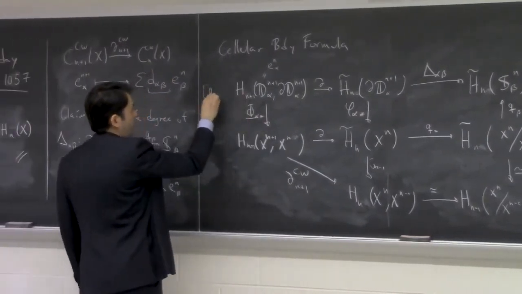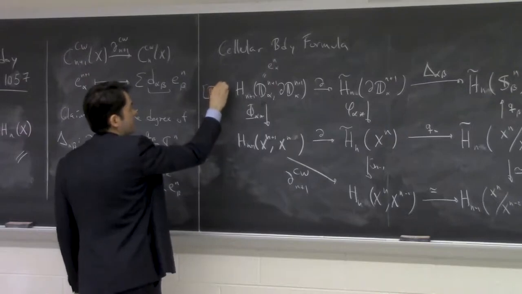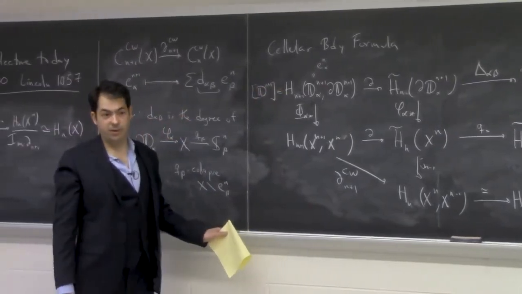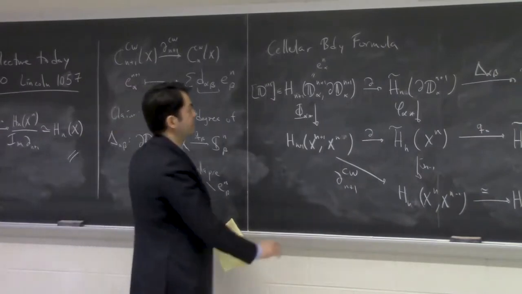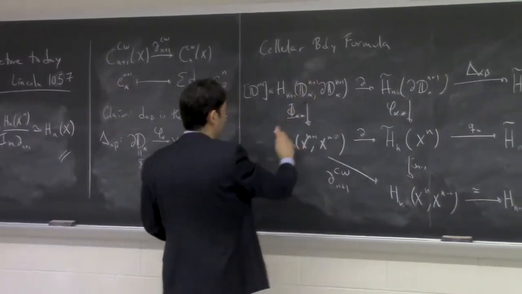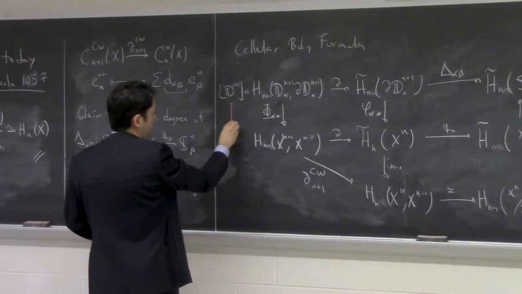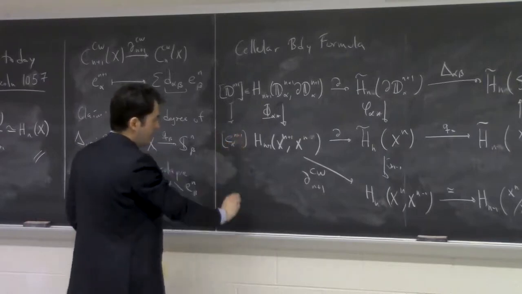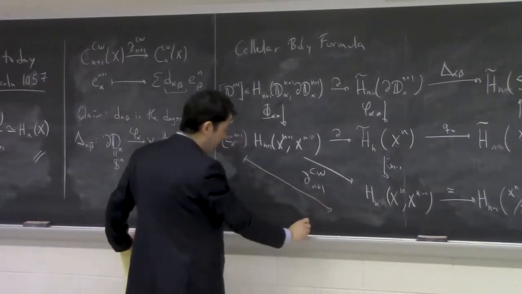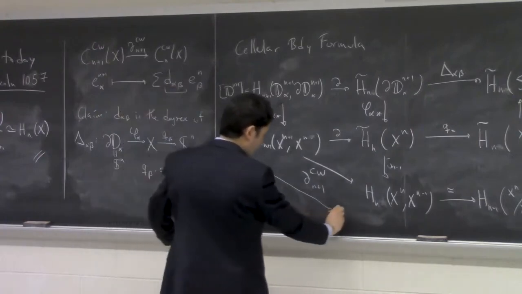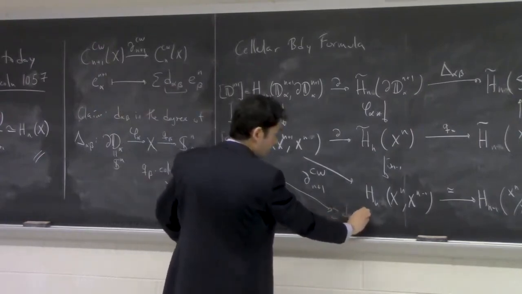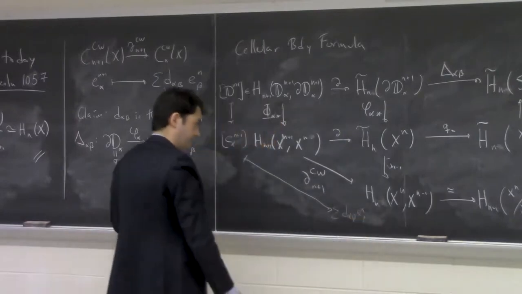So the class of the disk generates here. And so let's just follow this guy around the diagram. So when you map it into here, you get the class of e_alpha^(n+1). And then when you hit it with the boundary map, you get the sum of d_alpha,beta e_beta^n.